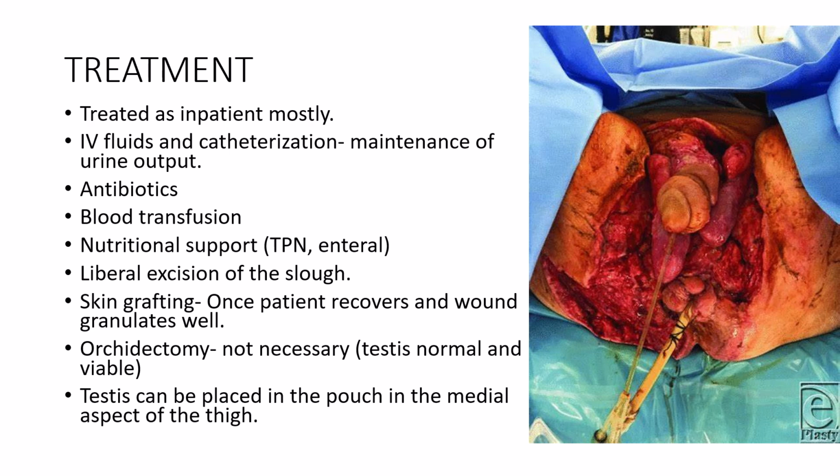We do the skin grafting once the patient recovers and the wound granulates well. Orchidectomy is not actually necessary if the testis is normal and viable. So what we actually do is we keep the testis in a pouch in the medial aspect of the thigh, and then we try to dissect or remove the slough from it.